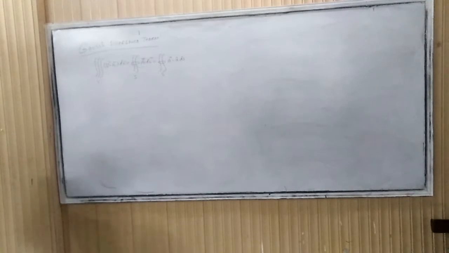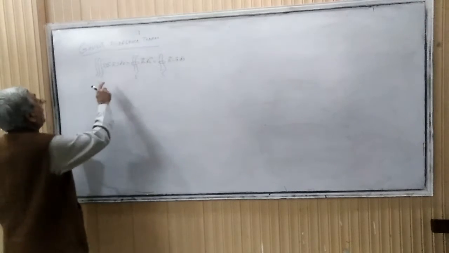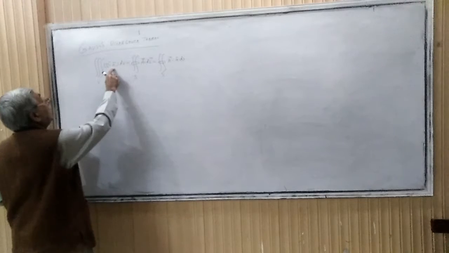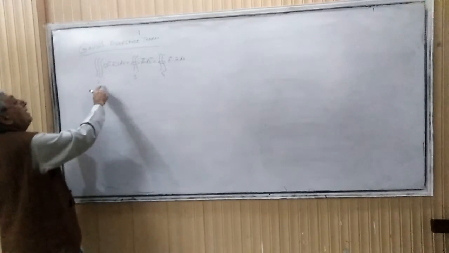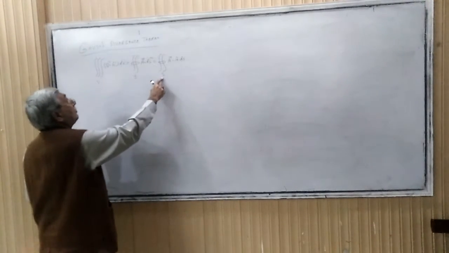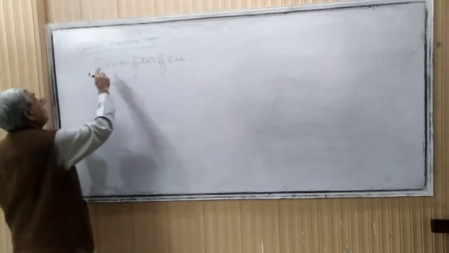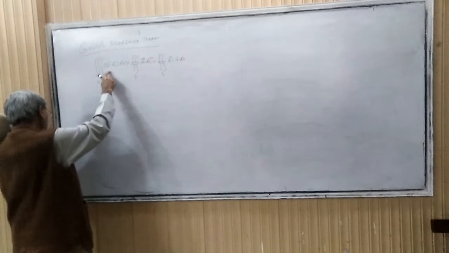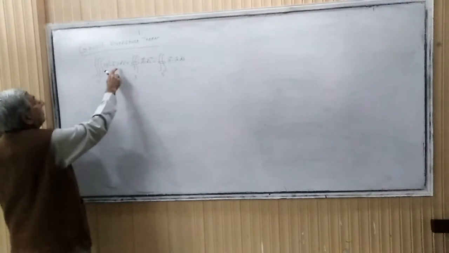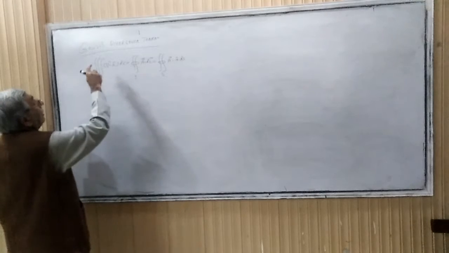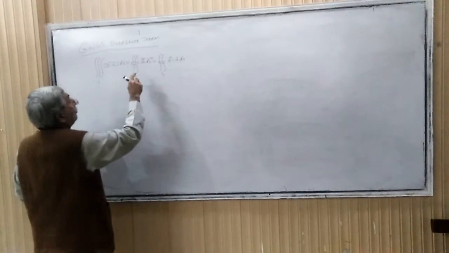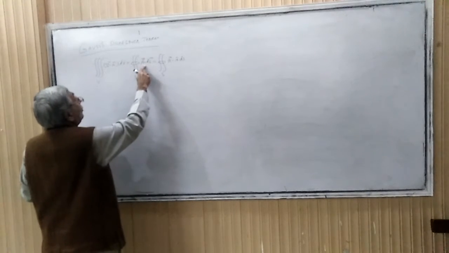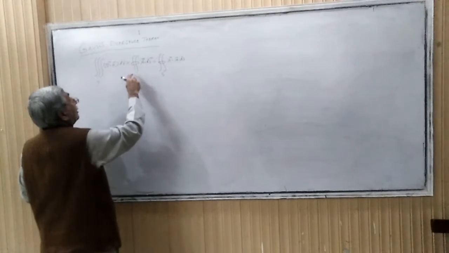So what I am saying is, if you have a volume V on which A is defined and volume V is bounded by the closed surface S, then the divergence of vector A integrated over the volume V is equal to the surface integral of vector A calculated over the closed surface S.